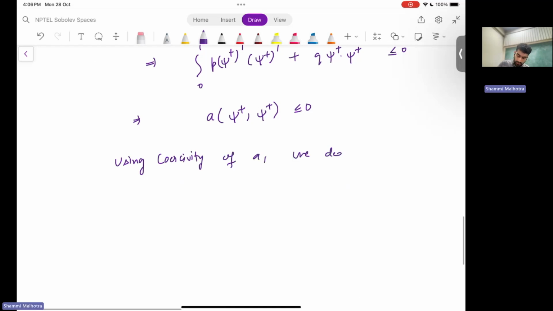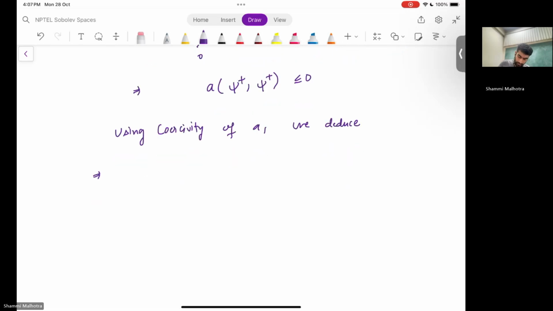Using coercivity, we deduce alpha times the norm of psi plus whole squared has to be less than or equal to a of psi plus and psi plus, which is less than or equal to 0, which eventually implies that the norm of psi plus squared has to be less than or equal to 0.